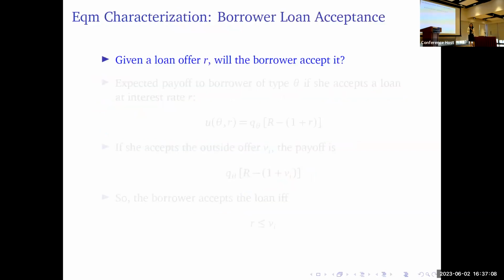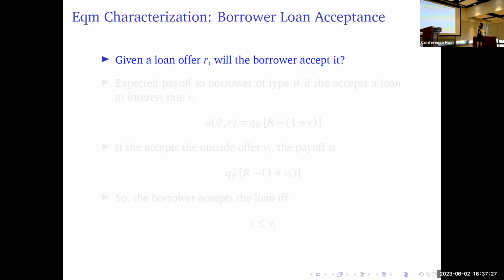So here are some details about the equilibrium characterization. Remember the timeline I showed you, we start from the very last step to characterize equilibrium. The first thing we need to solve is, given a loan offer, how will the borrowers decide whether or not to accept it?